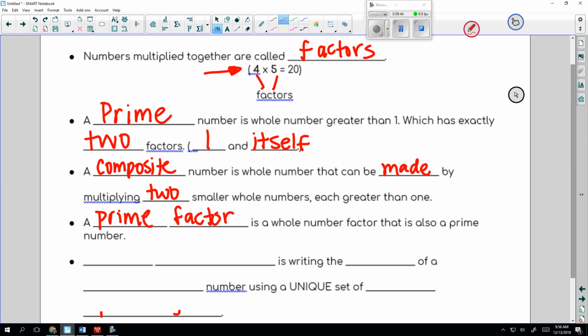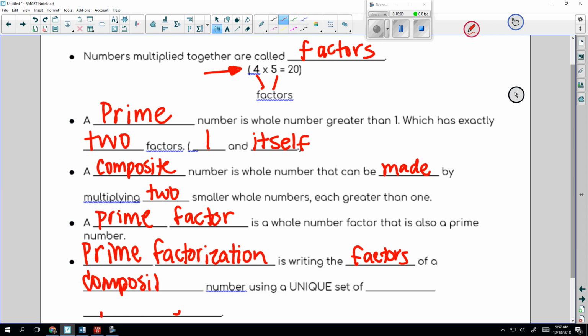The next thing that we're going to practice today, and I'm just going to give you a brief definition of it, is called prime factorization. Okay? It is prime factorization, that's what we're doing today, writing the factors of a composite number using a unique set of prime factors.